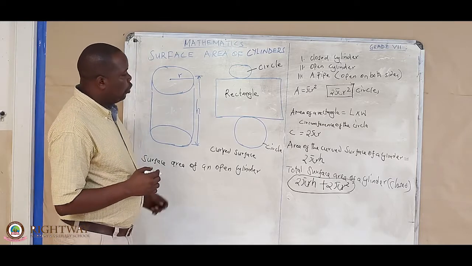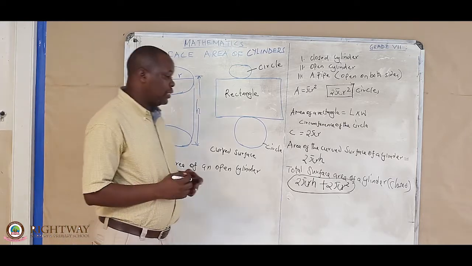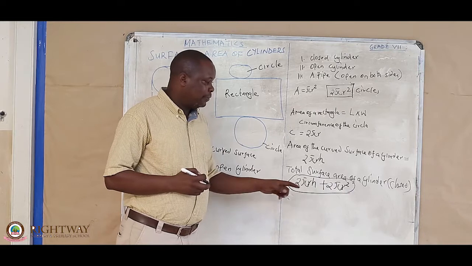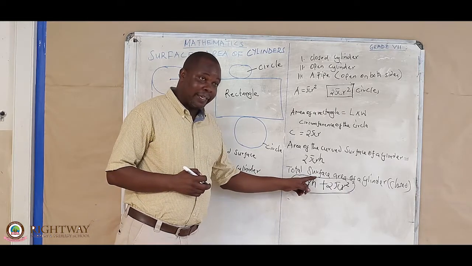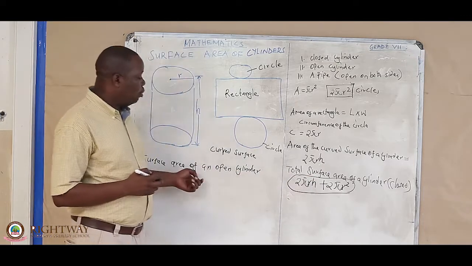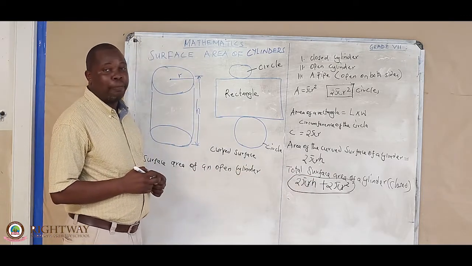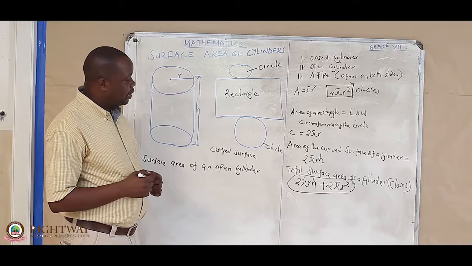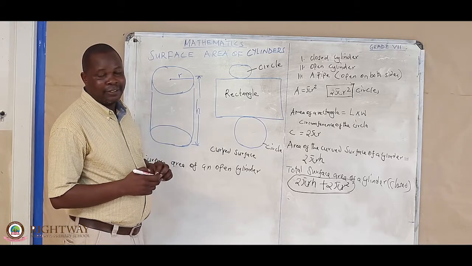In this case, for a closed cylinder, we had both ends closed. But this time, for an open cylinder, one end is open, which means one circle is missing.